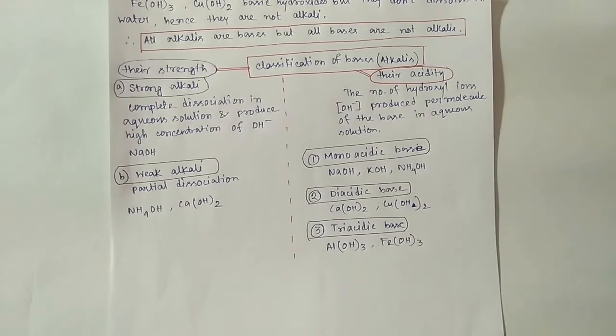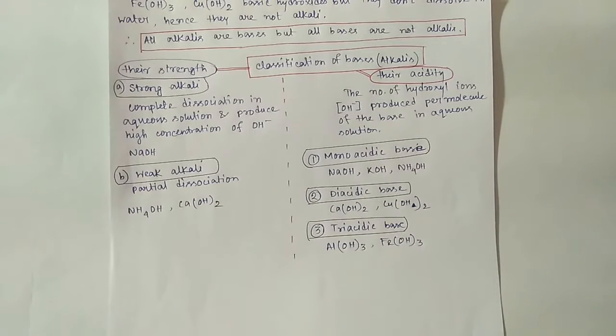For a quick recap, you have to remember what a basic oxide is: when it reacts with an acid, it produces salt and water only. What is a basic hydroxide? When it reacts with an acid, it gives only salt and water, and it contains hydroxyl ions. What are alkalis? An alkali is a base soluble in water.